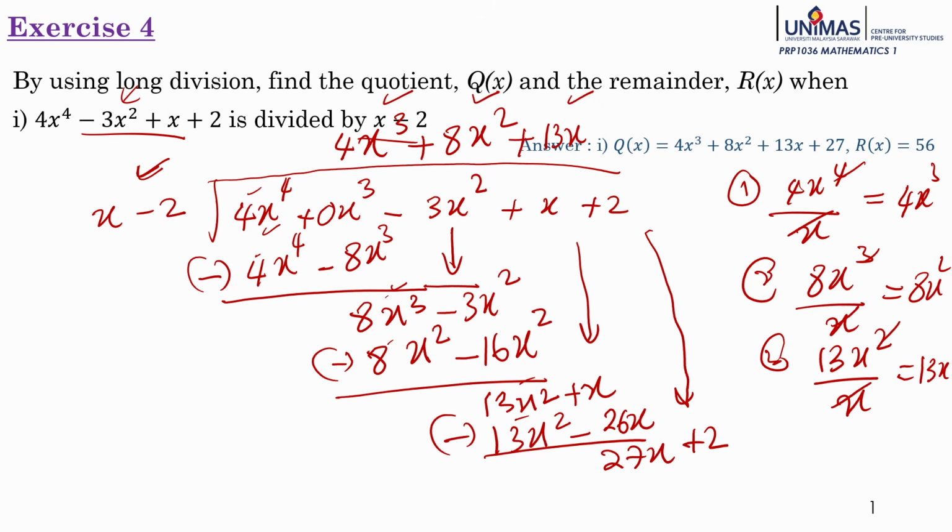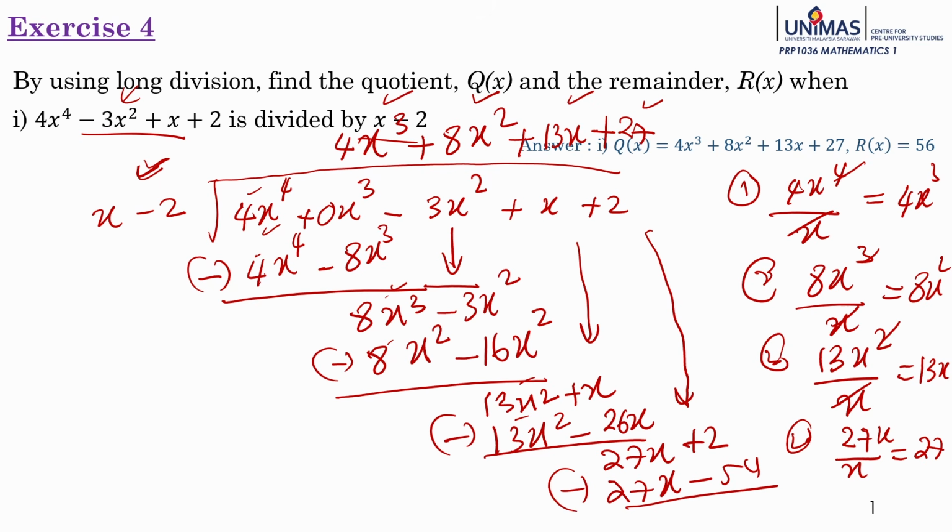And then repeat the process again. 27x divided by x, we get 27. So that means here plus 27. So 27 times x minus 2, we get 27x minus 54. And then subtract here.